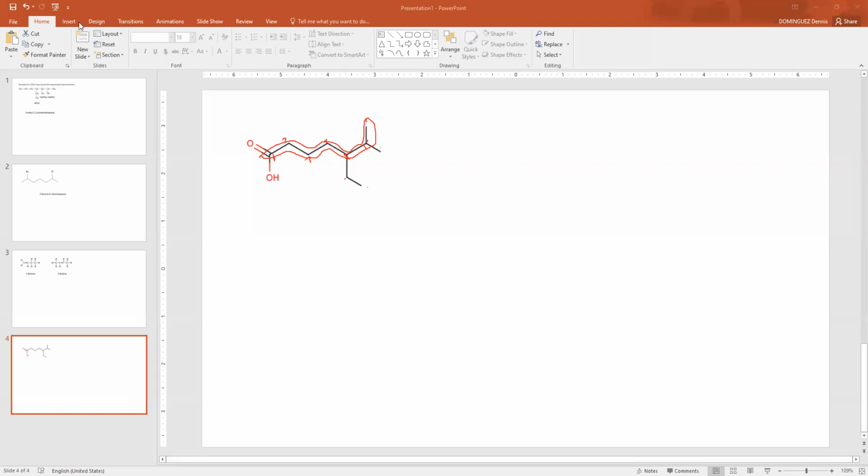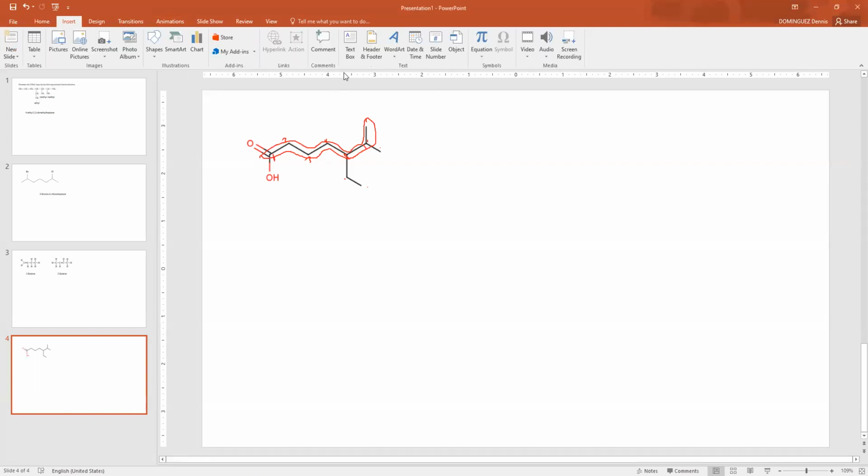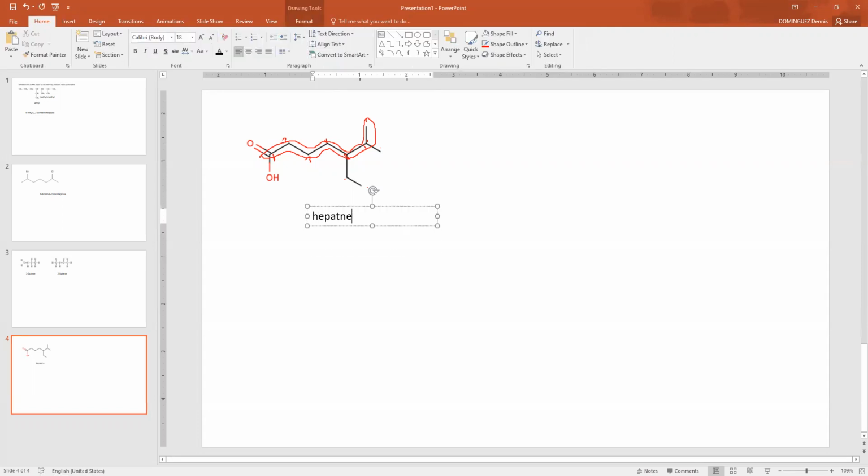So the name for that is heptane. For a carboxylic acid, you change the E to OIC acid. So this will become heptanoic acid. So this will be the mother compound.